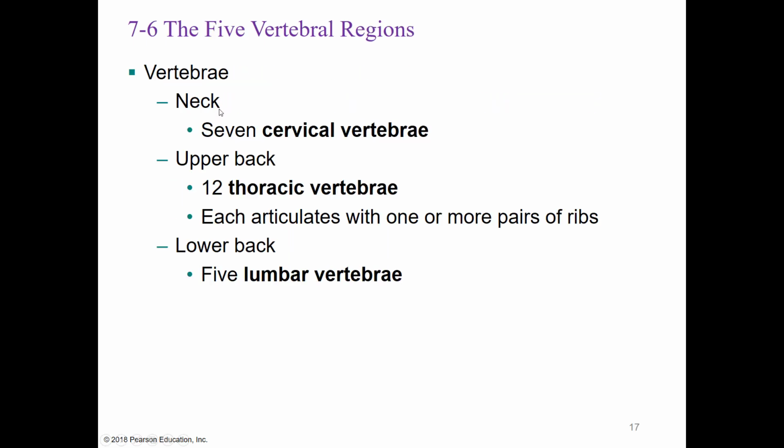So in the neck, there are 7 cervical vertebrae, upper back 12 thoracic vertebrae. These vertebrae are going to join or articulate with 1 or more pairs of ribs. Lower back has 5 lumbar vertebrae. So let's look at that again.